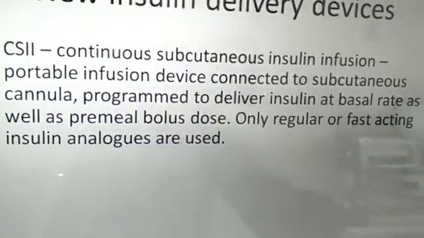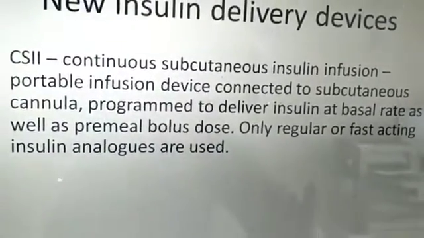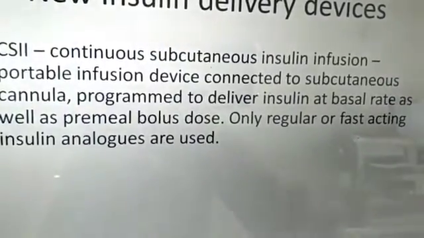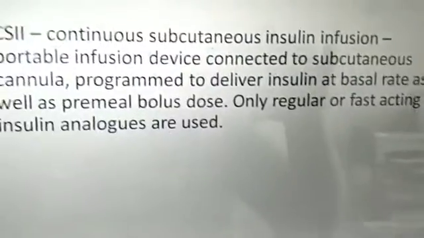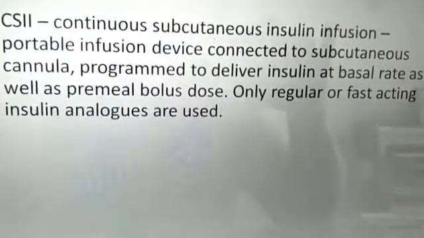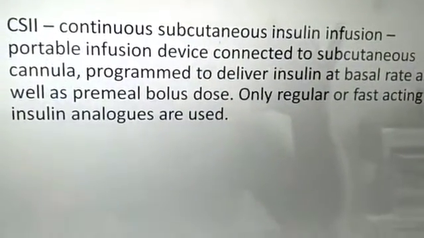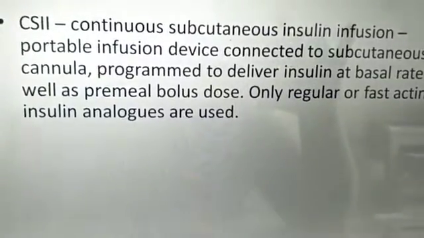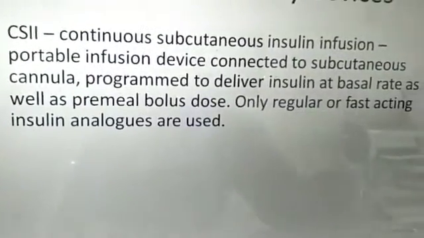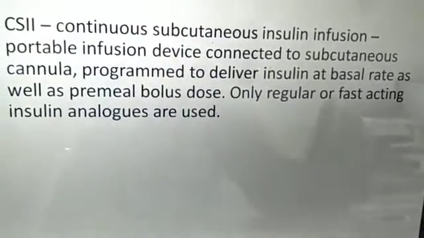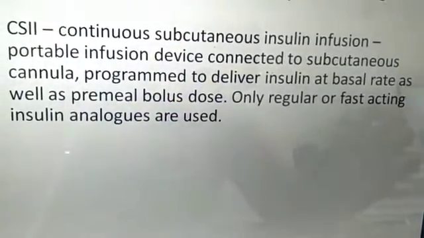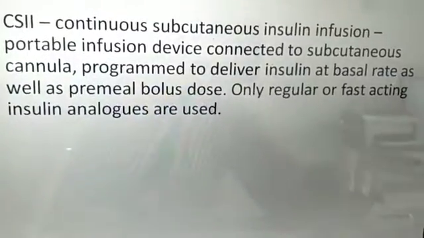Before the meals, the dose becomes 4 to 15 times the basal dose. Basal dose is 1 unit per hour, and just before the meals, the dose is increased to 4 to 15 times this basal dose, and it is meant for control of postprandial hyperglycemia.